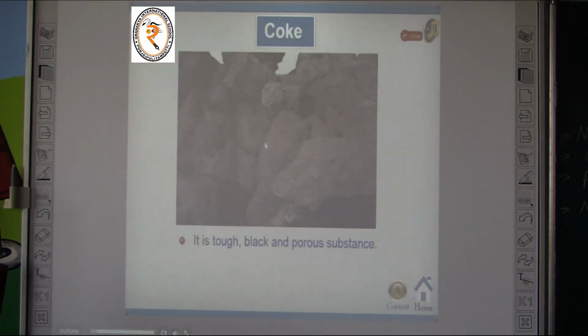The next one, coke. It is a product of coal. What is called coke? It is a tough, black, and porous substance.